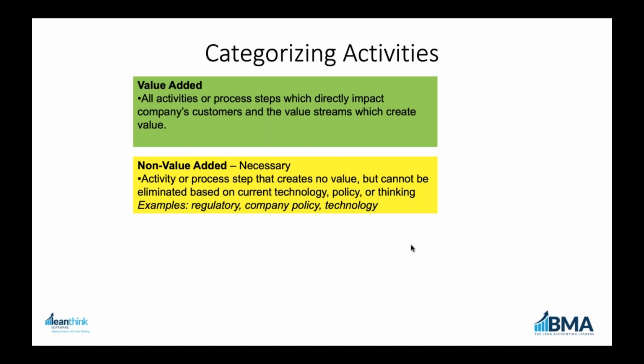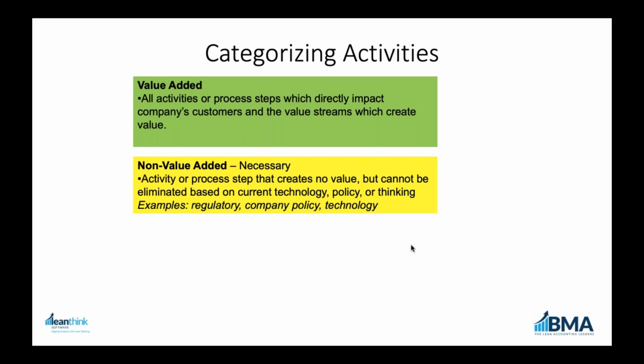For example, the approval process, any approval process, whether it's in payables or receivables, is a necessary activity in a business. It's good controls, but it doesn't add any value. Your customers don't care about your approval process.